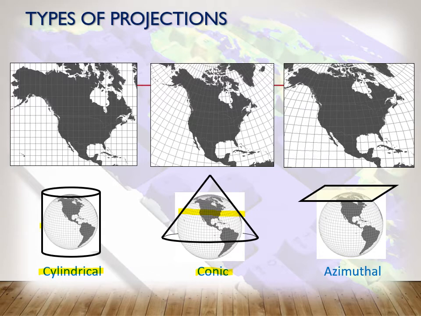Cylindrical ones are good around the equator, conic ones are good around the mid-latitudes, and then you have azimuthal projection types, which are good at the poles because it just touches at one spot. And then the 4th type is basically a mathematical type that tries to redistribute various types of distortion throughout the world so that not one place has a greater distortion than the other.